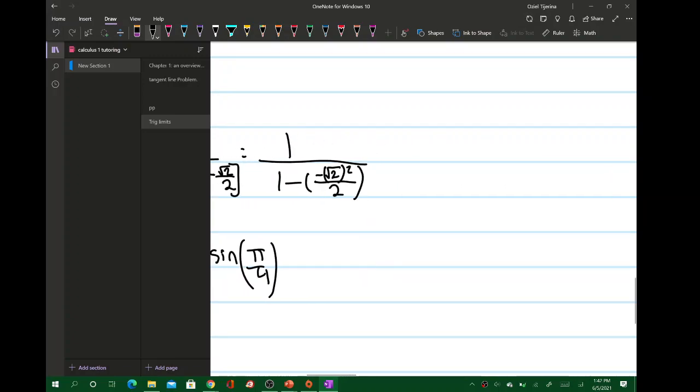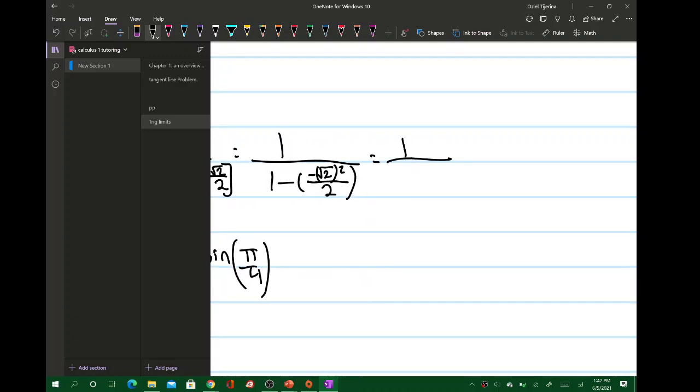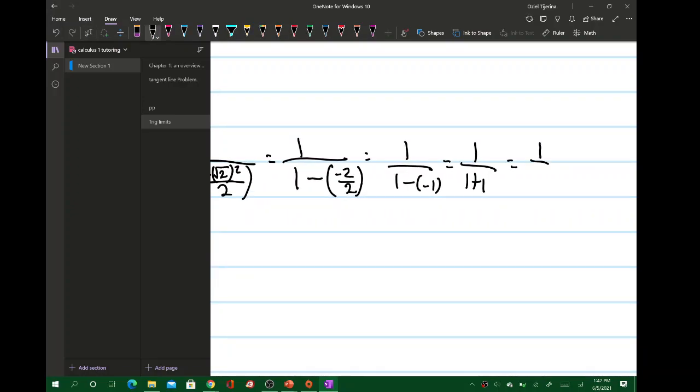So this is 1 over 1 minus negative 2 over 2, which is 1 over 1 minus negative 1, which is 1 over 1 plus 1, which is 1/2.